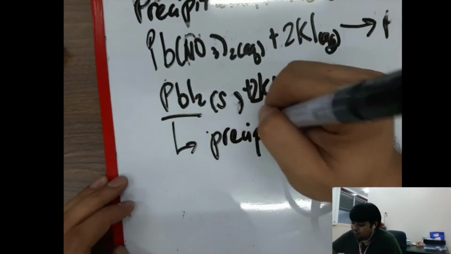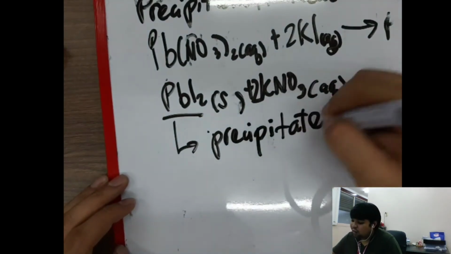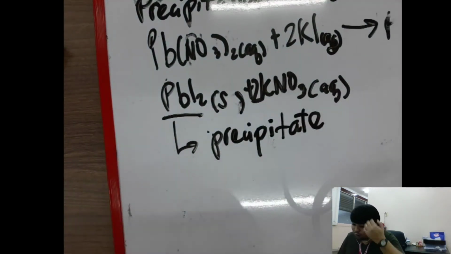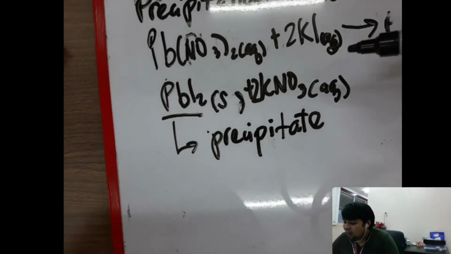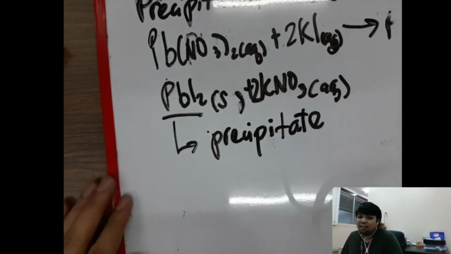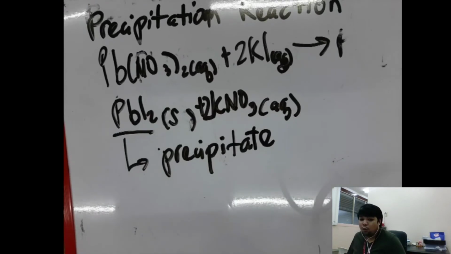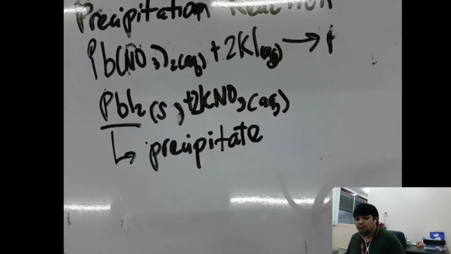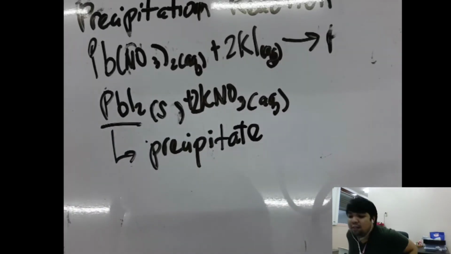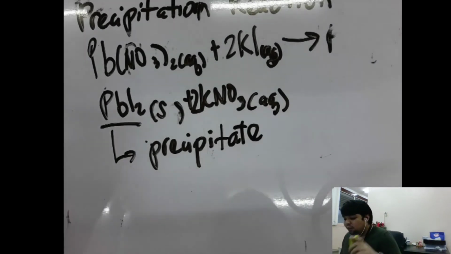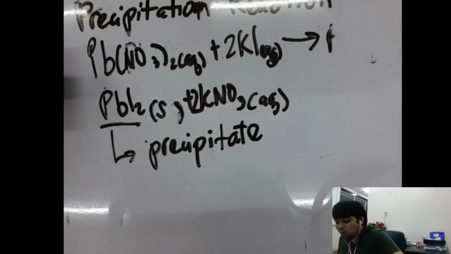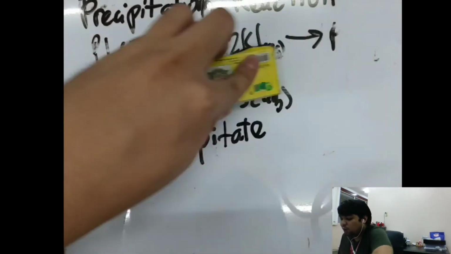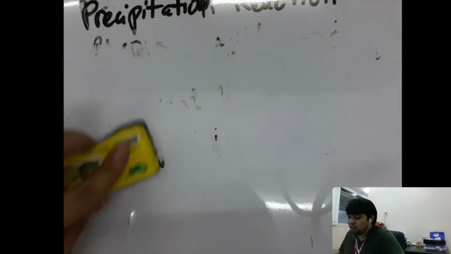If you see it in our chemical equation, the lead iodide is solid in form. That means it did not actually dissolve in water at all when it was formed. Now, because we're talking about ions, I will introduce to you another chemical equation, which is what we call the ionic equation.